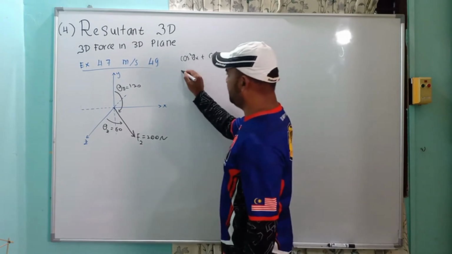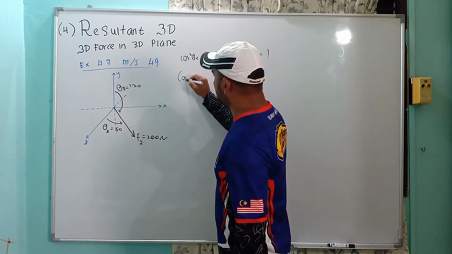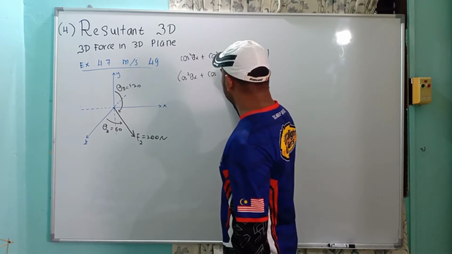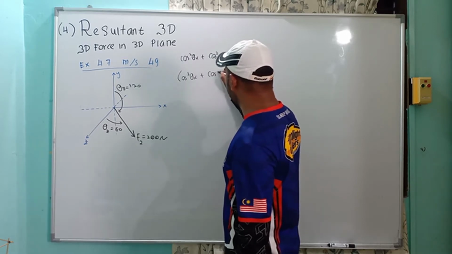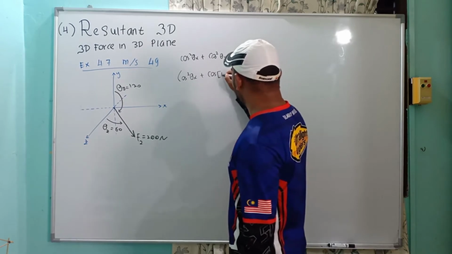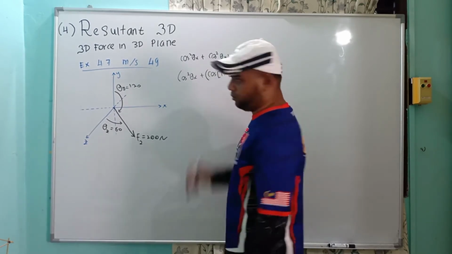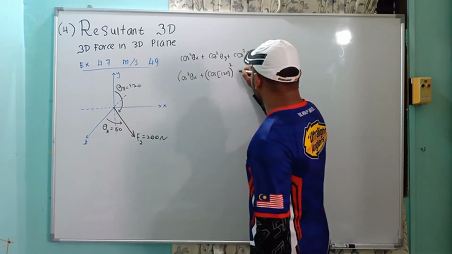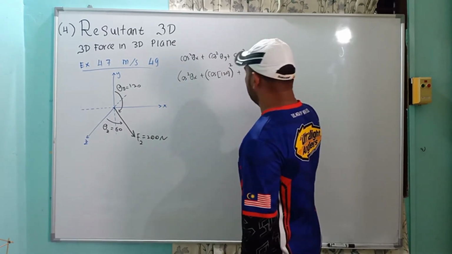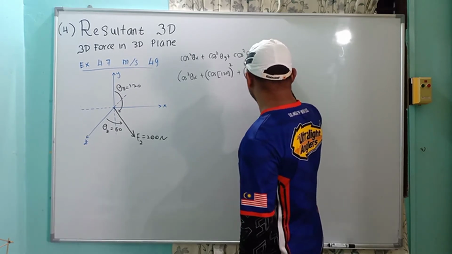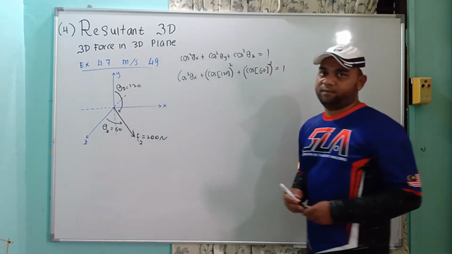So the way you do it is you put in theta y as 120, so everything here will be squared, plus cos 60, all of this squared, equals 1.